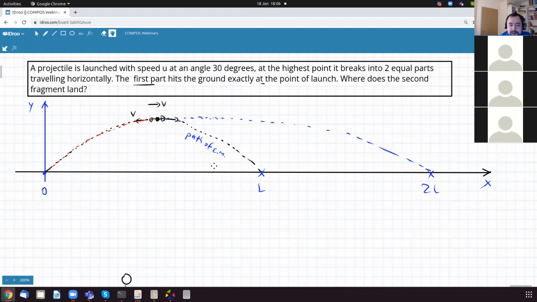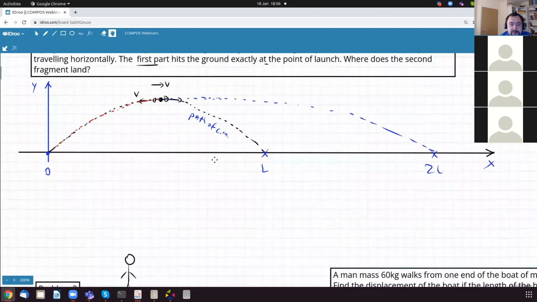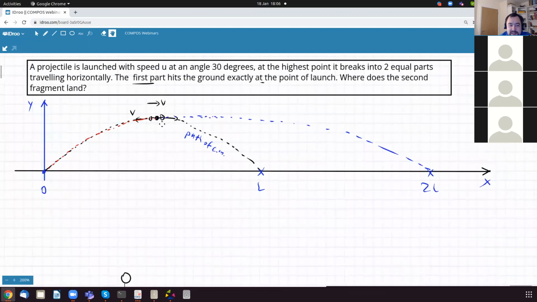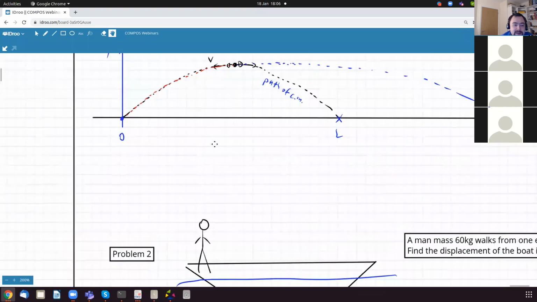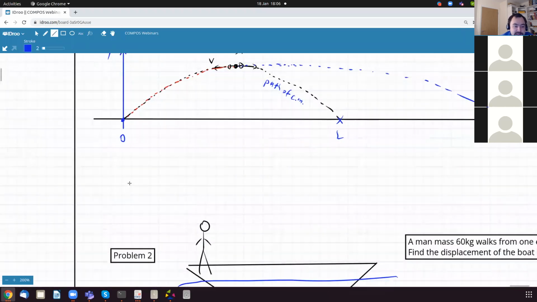And we're good. And to find L, we don't need to consider the two paths breaking into halves. We just consider the original path. So to find L, we know that the projectile was launched at 30 degrees with a speed u. So the horizontal speed is u cos 30.